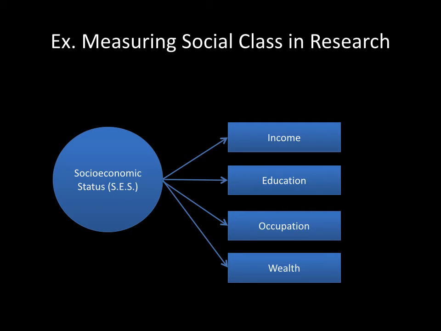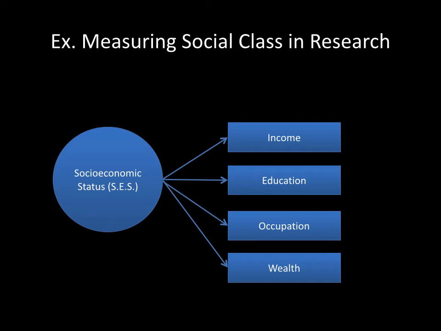If you think about society as several rungs on a ladder, people with higher socioeconomic status have more economic resources compared to people at the bottom of the ladder who have very few resources. This is used to represent somebody's social class in a research study.